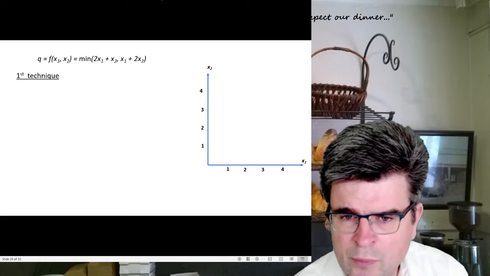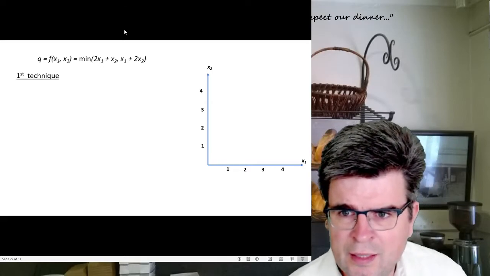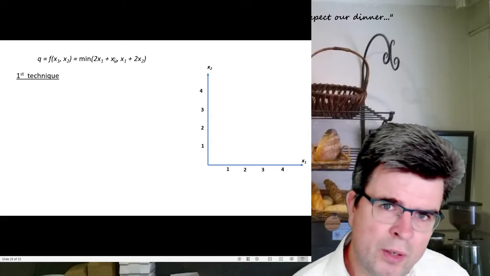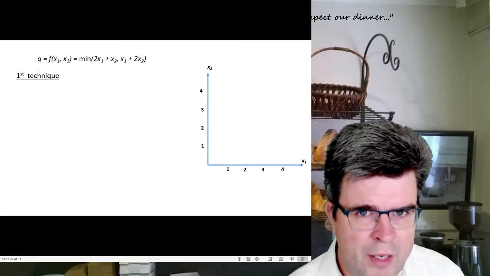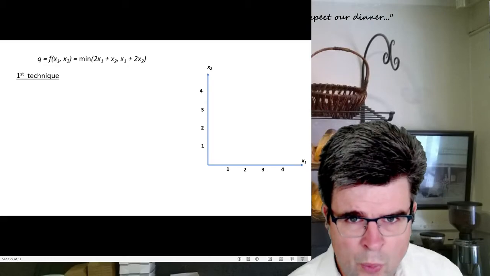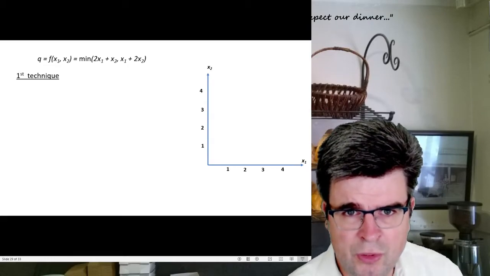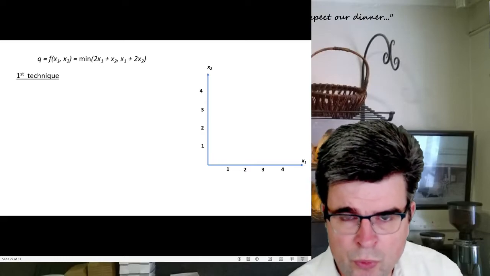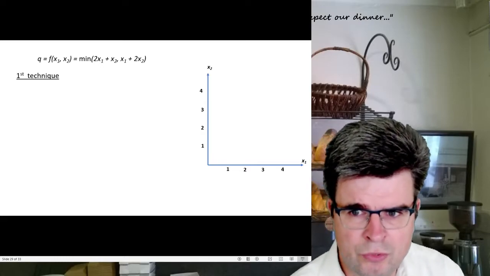And we will first consider the first technique, 2x1 plus x2. The question we ask in order to derive an isoquant is, how many units of capital and labor do we need in order to attain a given production level Q? And in our example, I will take Q equal to 4 units of output.